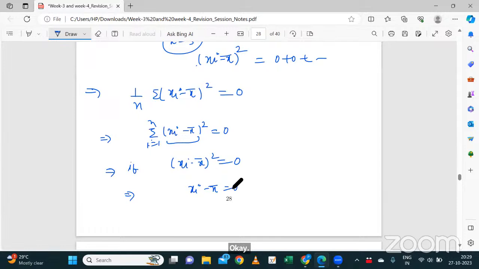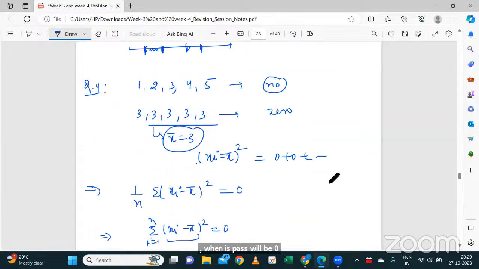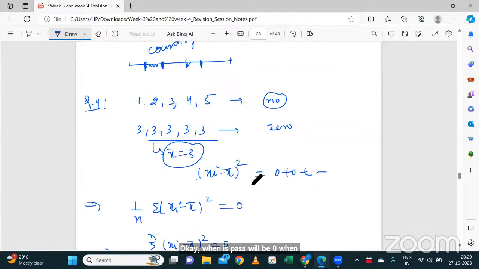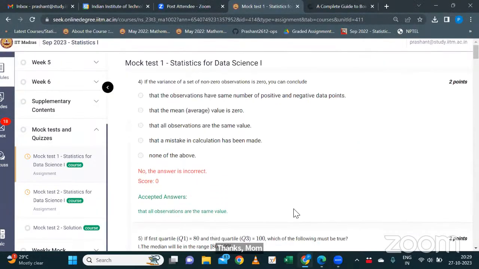So that means I can simply say xi equal to x bar, right? Same things. When will a square be 0? If 3 minus 3 equal to 0, correct? So 3 equal to 3, where this 3 means the xi observation and this 3 means x bar, correct? Clear?